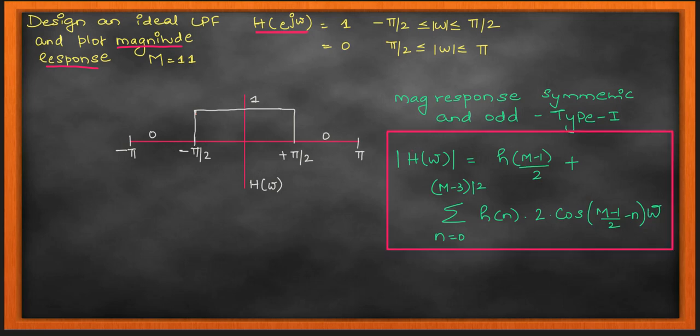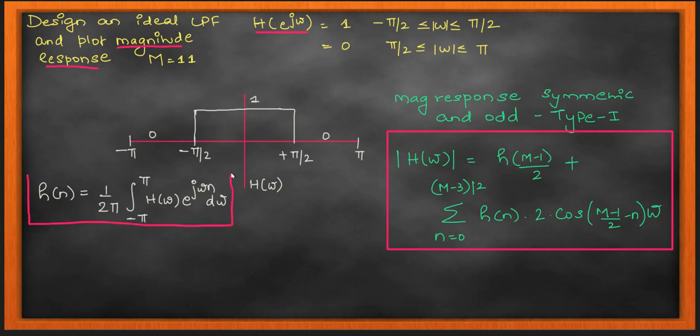Alright, and what is my h of n? h of n is my FIR filter, and that's going to be my FIR design equation: 1 by 2 pi, integral from minus pi to pi of H of omega e to the power of j omega n d omega. Why the 2 pi? That is 1 by T, the total duration, minus pi to pi, which is equivalent to 2 pi.